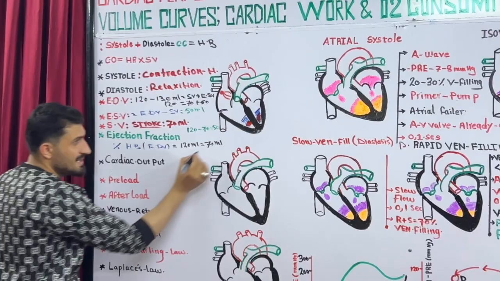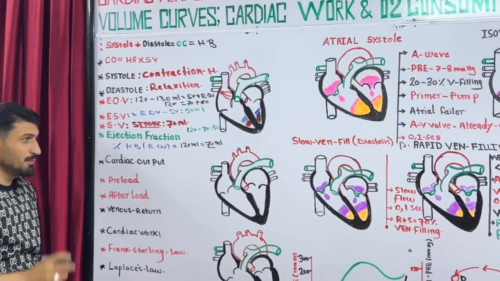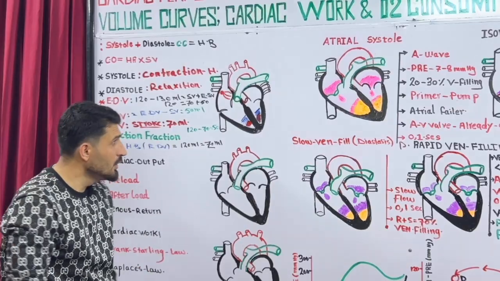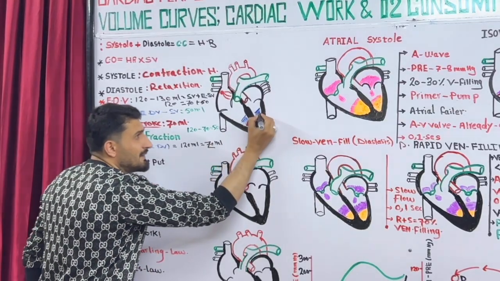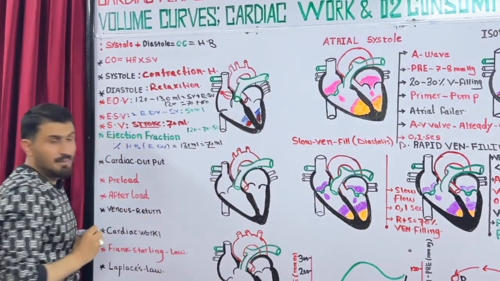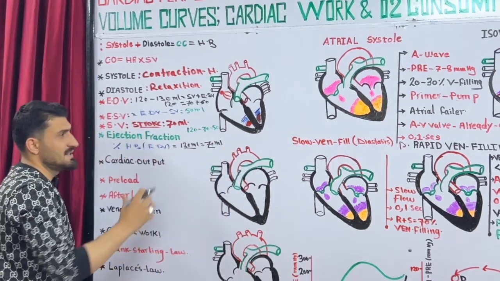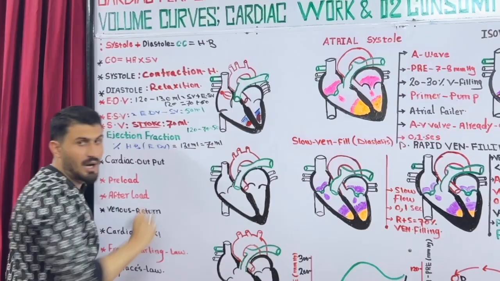So this is stroke volume, around 70 ml. But someone asks you, my brother, I have here 120 ml of blood, what percentage is ejected by the heart in one beat?